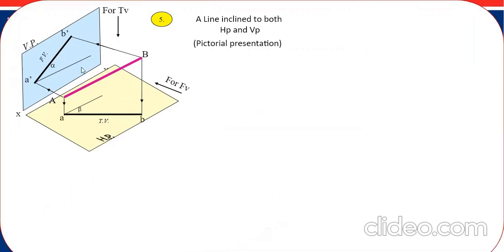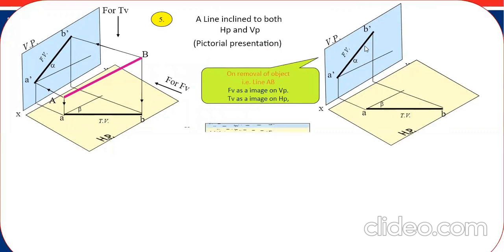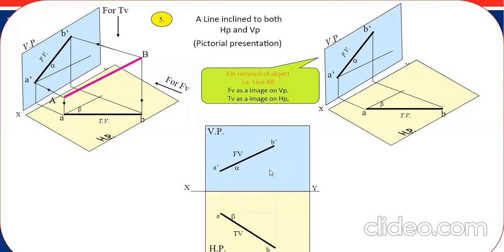So this line is inclined to both HP and VP. And this is the front view, this is the top view. Now here, front view and top view of a line if the line is inclined to both planes HP and VP.